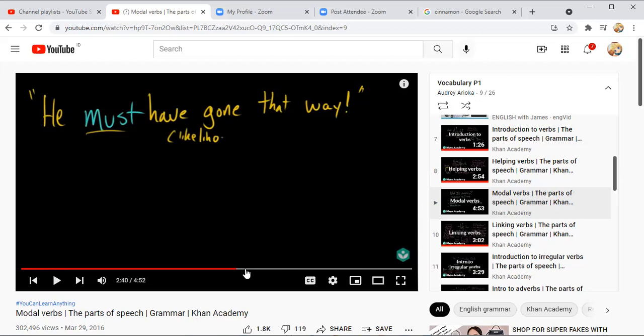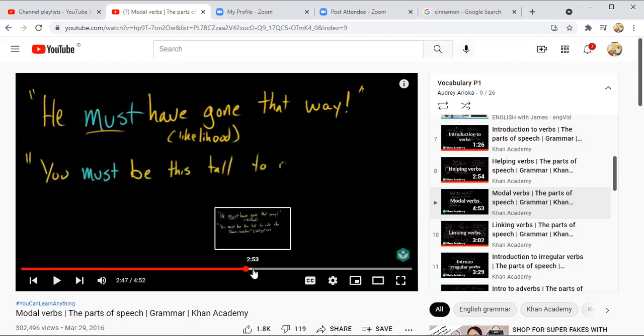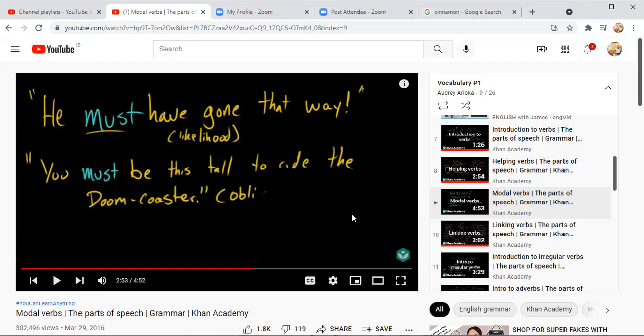Begitu. And then the next one is you must be tall to ride the Doom coaster. Jadinya kamu harus tinggi itu apabila kamu ingin menaiki Doom coaster. Coaster is, how do I say it?